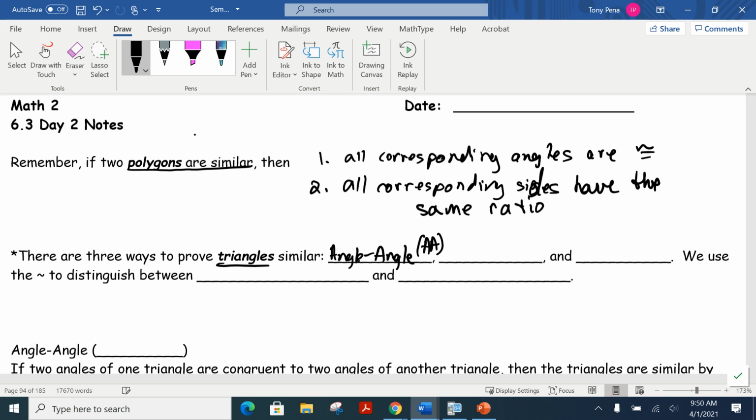We can also put side, which we're going to shorten to be SSS. And then the third and final way is you're going to write side, angle, side, which we will in the future just write as SAS. So we'll use those abbreviations long term, but that's what the abbreviations are going to mean. So angle, side, and then side, angle, side.